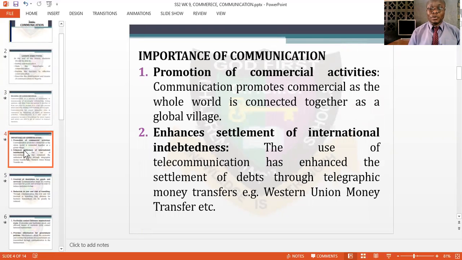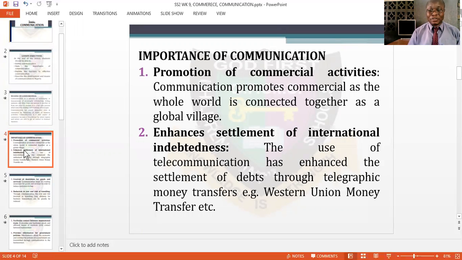Let us look at the importance of communication. Communication promotes commercial activities throughout the global world, and is also connected even to the rural area. It plays a greater role in commercial activities. In buying and selling of goods and services, there is need for two or more people, the buyer and seller, to come together and communicate before buying and selling can take place.